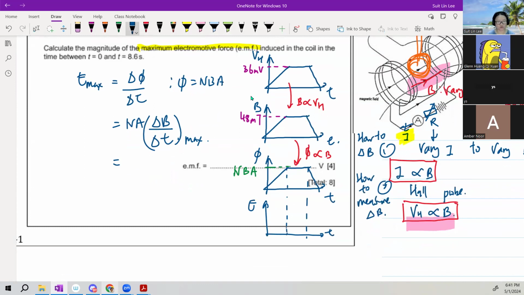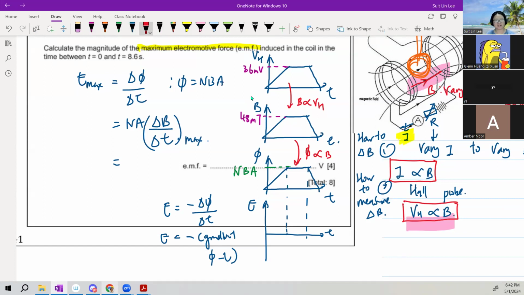So here you will draw the gradient function. Okay, induced EMF, if you want to include Lenz's law, is negative dΦ/dt. So it is negative the gradient of the flux-T graph. But it's also the shape of the gradient of the B-T graph and the shape of the gradient of the VH-T graph.